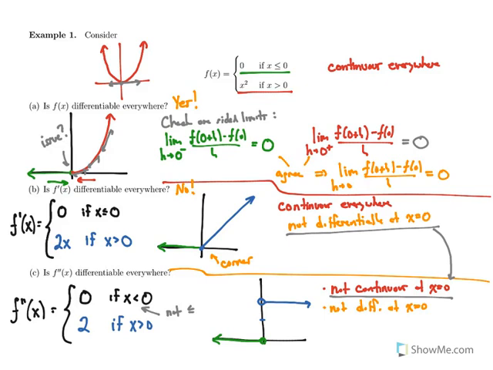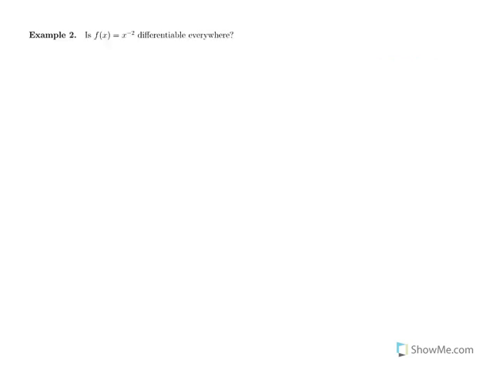All right, the other example we're going to do is very quick. We have, is f of x equals x to the negative 2 differentiable everywhere? So in a previous video, we showed with the limit definition of the derivative that the derivative of x to the negative 2 is negative 2 over x cubed.